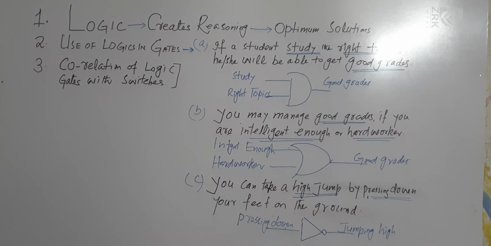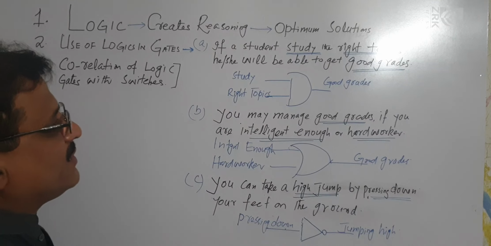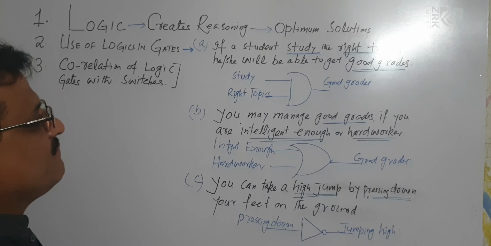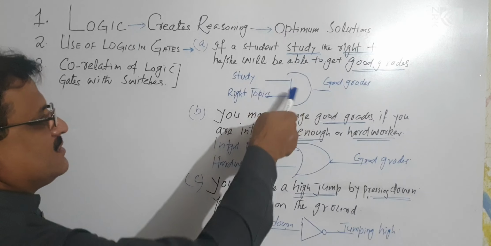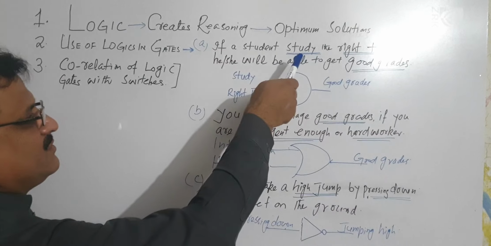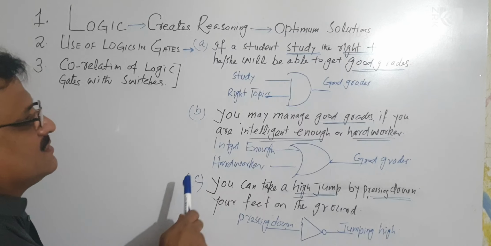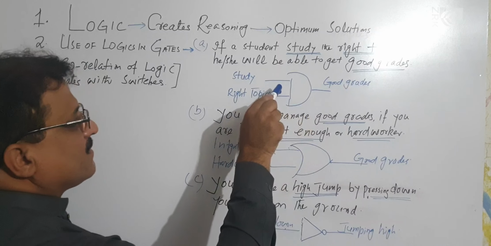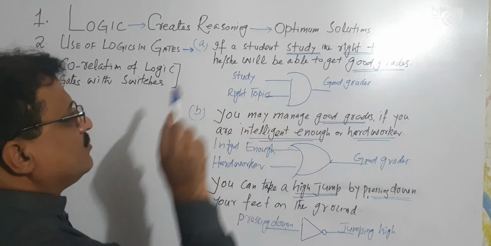Now this is a very simple example, but we may have very complicated or sophisticated logical issues. For that purpose we have to use a bigger circuit, but right now this is a simple statement having two reasons or two conditions and one output. So in this case we may use one AND gate with two inputs.